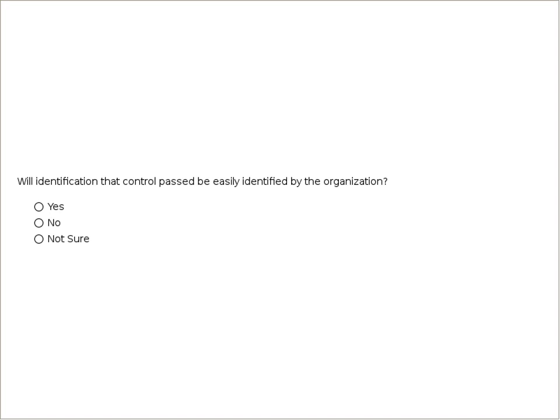Okay, looks like most everyone has had a chance to respond to that, as to whether the identification of control passing will be easily identified. About 45% answered yes, 22% no, and several of us are not sure still at this point in time.